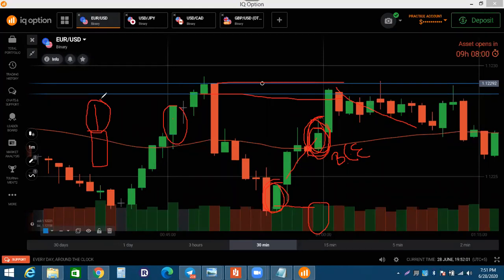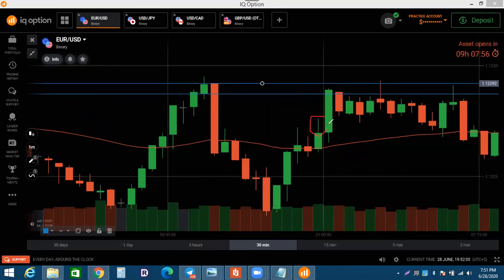When we find a rejection on any candle, that is a sign that sellers entered in this candle in the uptrend. When sellers entered, the volume must increase. But when sellers have not entered, the volume must not increase. The volume must be low.